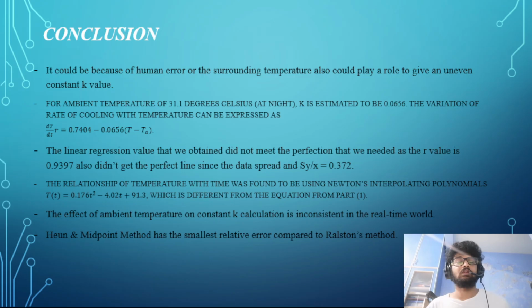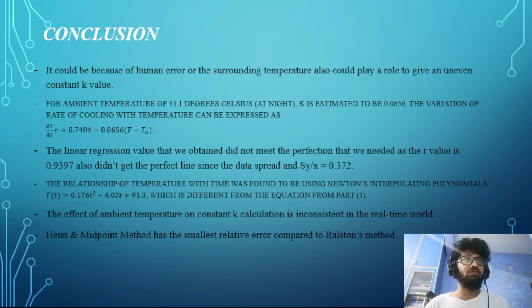That's all. So I'm going to present the conclusion. First, the constant K value gave uneven values, which could be due to human error, or the surrounding temperature could also play a role. Secondly, for an ambient temperature of 31.1 degrees Celsius at night, K is estimated to be 0.0656.